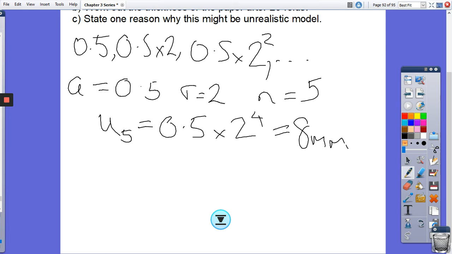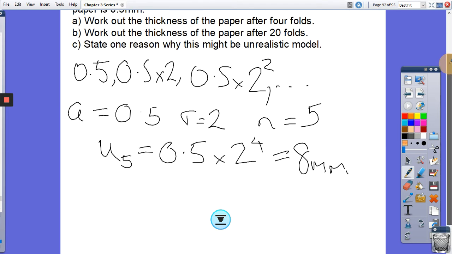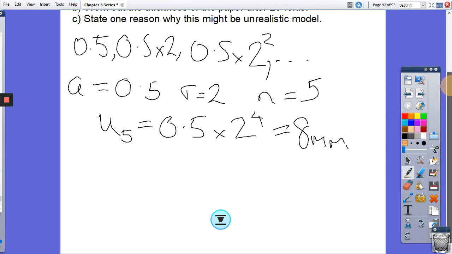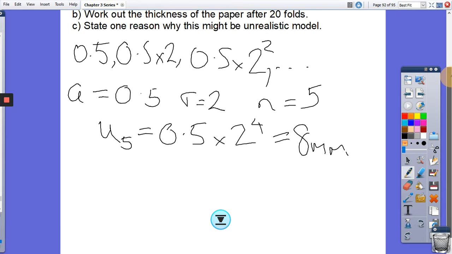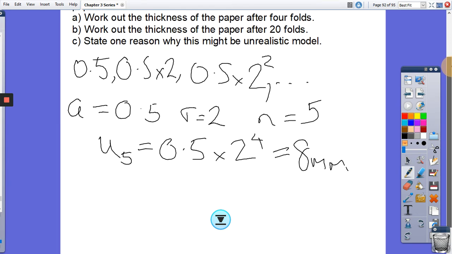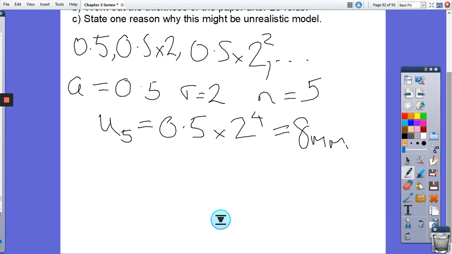Okay, have you ever tried folding a piece of paper 20 times? It can't be done. But let's have a look at how thick the paper would be if we did fold it 20 times. So on this occasion, we're looking at U21. This is part B, by the way.